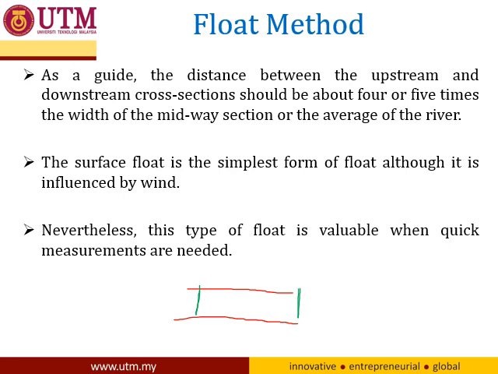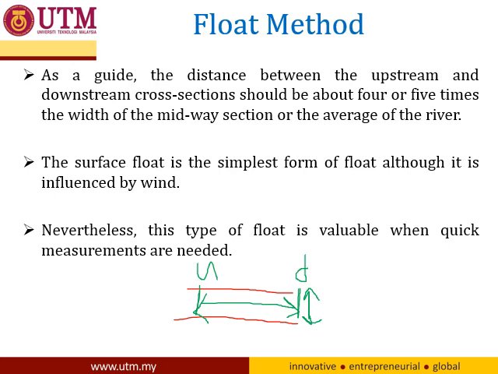This length should be about 4 or 5 times the width. This is the width of the river, or the average width of the river. This is just a guide.